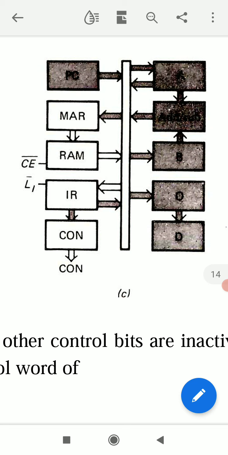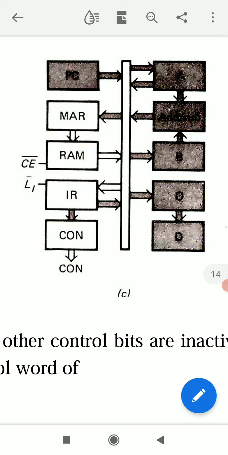Memory is RAM, and from RAM the instruction is to be transferred to the next part, that is IR, instruction register. So in this state MAR is also active, RAM, IR, instruction register, and CON, controller sequencer.